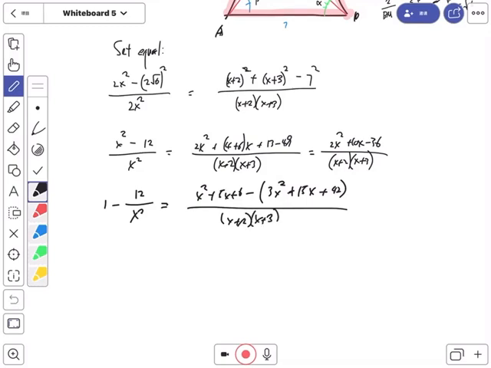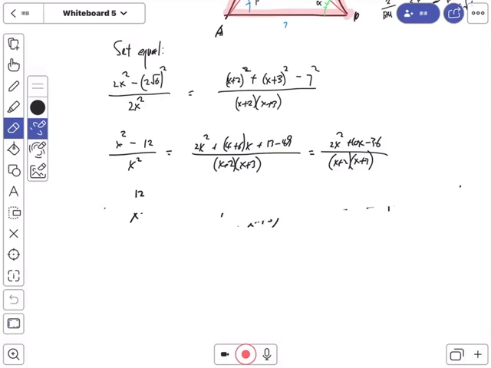Hopefully I didn't make any mistakes in the calculations. So this is essentially just equal to 1 minus, well, you know what? Let's just skip this step. Just multiply it out.